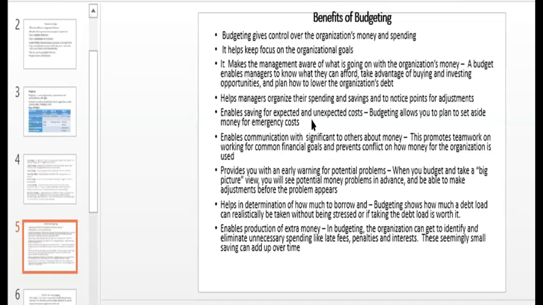It enables production of extra money. In budgeting, the organization can identify and eliminate unnecessary spending, like late fees, penalties, and interest. This seemingly small saving can add up over time. When you have budgets, you plan for your expenditure and you avoid some of these unnecessary penalties, like those from the government. For example, in Kenya, if you have to pay rents for any building that you own, for example in Nairobi, we are given from January to March to do the payment.